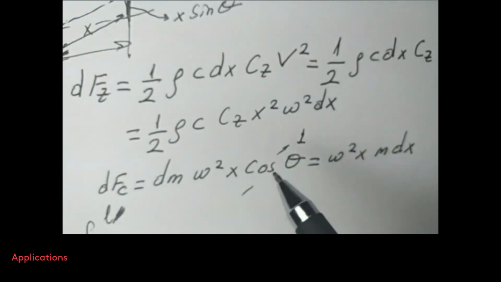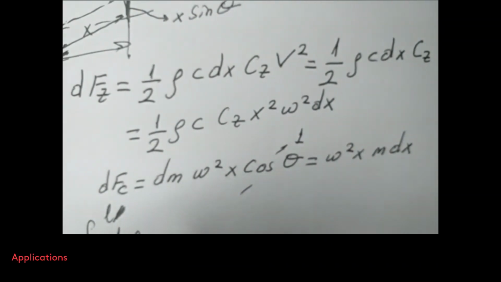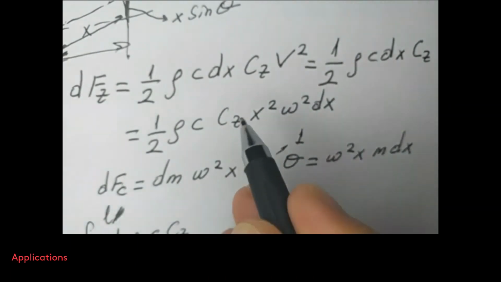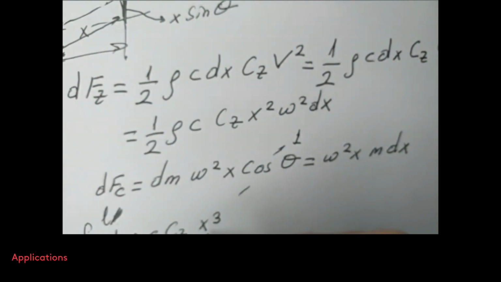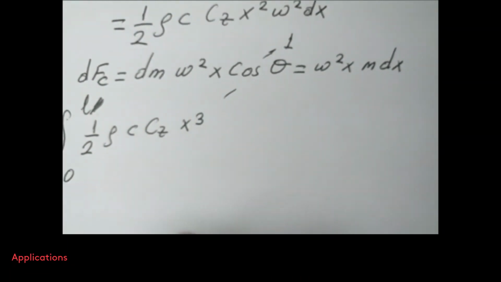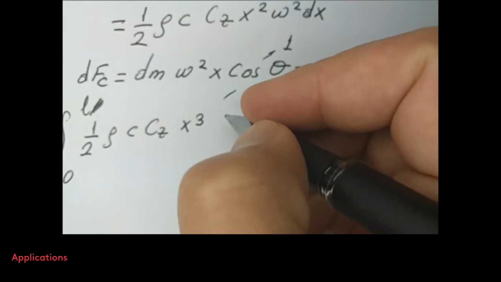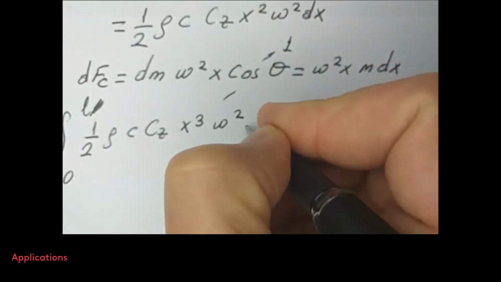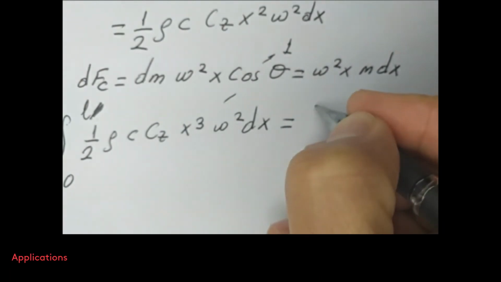So remember that dFz is 1/2 rho c Cz x square, and we have another x here, so this is x cube multiplied by omega square dx, and this will be equal to the moment generated by the centrifugal force.